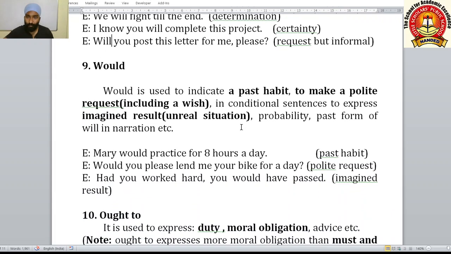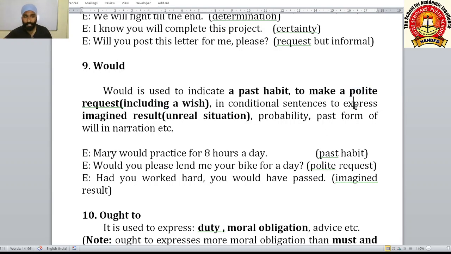After that, would. Would is the past tense of will if we are using it in direct indirect speech. Thereafter, would has the main use, that is the past habit. And here you can see to make a polite request also we use would.